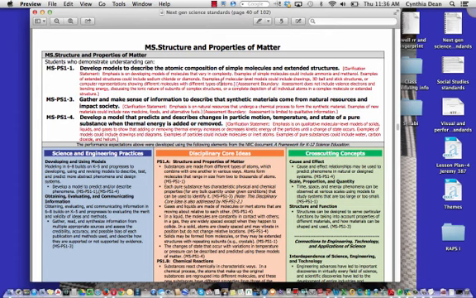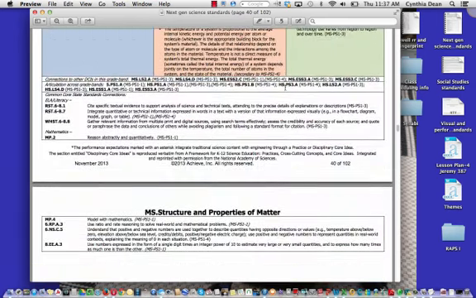So if the standard is, I'm going to look at this one here, develop models to describe atomic composition of simple molecules and extended structures, the clarification is that the emphasis is on developing models of molecules that vary in complexity. Examples could be, so they give you examples. Assessment does not include. So there's lots of supporting sentences and language to help you think about this.